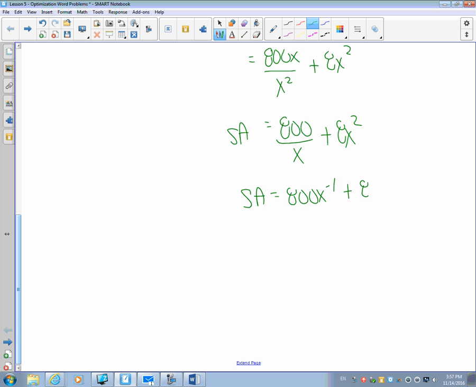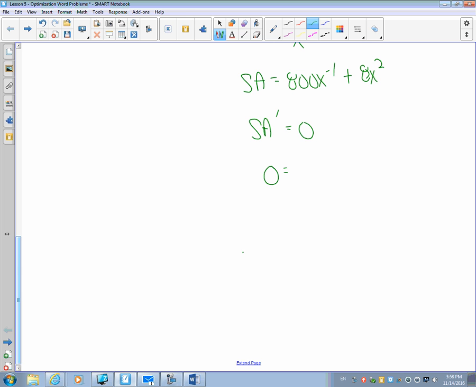All that work I just did was to set this up to take a derivative, because I want to minimize it. So, good old derivatives. 0 equals, power law, negative 800 x to the negative 2 plus 16x.